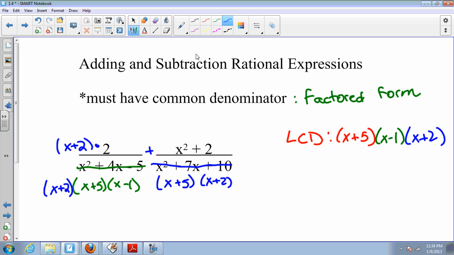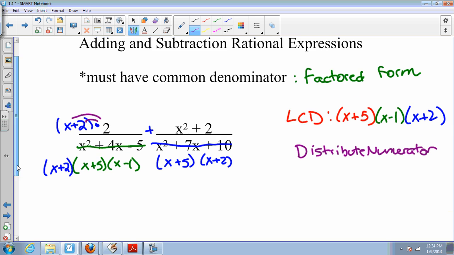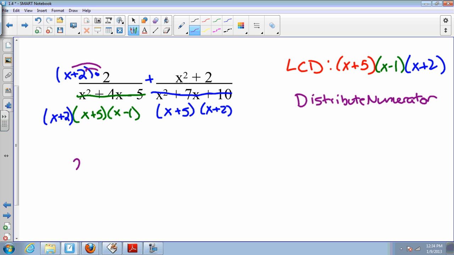In the numerator only, you distribute. So that becomes 2x plus 4. On the denominator, leave it in factored form.